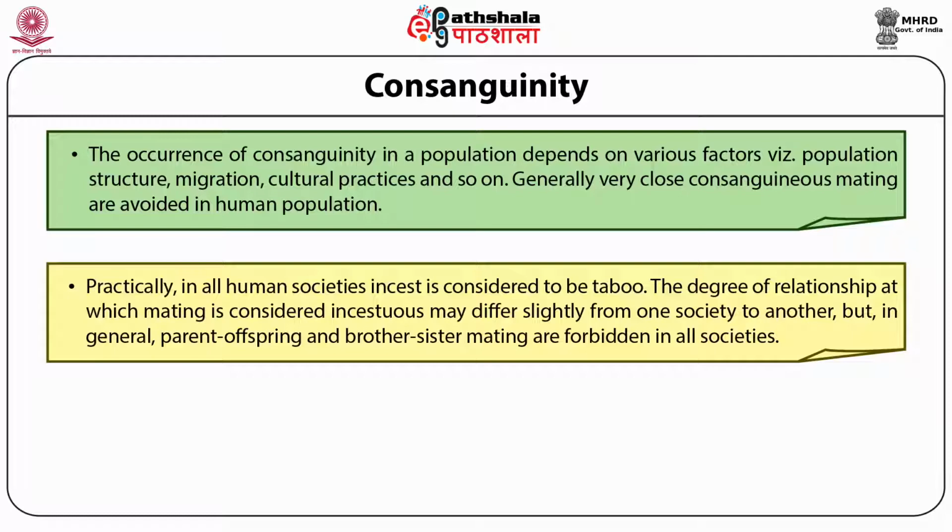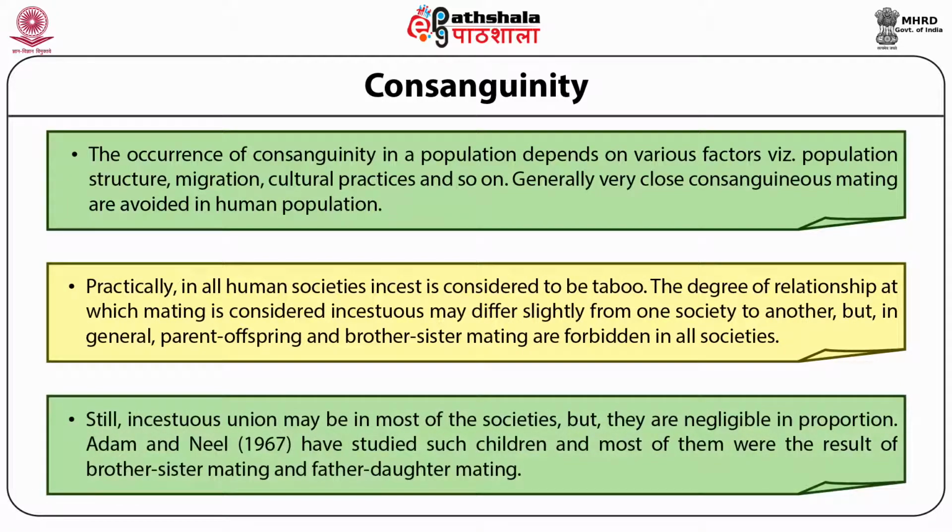What is considered incestuous may differ slightly from one society to another, but in general, parent-offspring and brother-sister mating is avoided in all human populations. In all societies, incest is considered to be taboo.